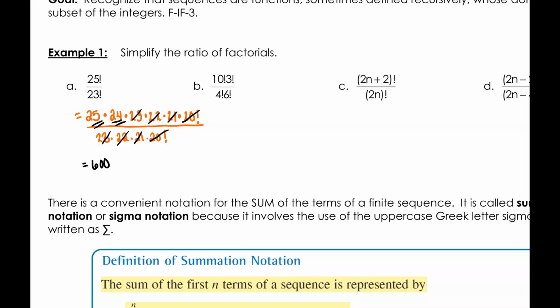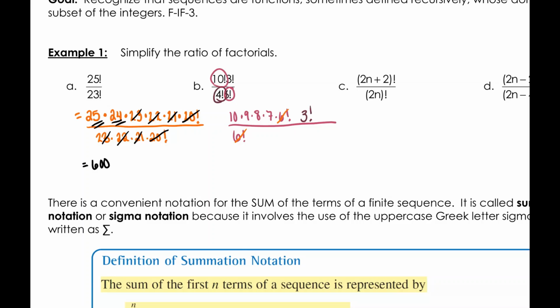So notice that I have 10 factorial. So I'm going to start with that one. I'm going to do 10 times 9 times 8 times 7 times 6 factorial because I can see that I have a 6 factorial in the denominator. And so the 6 factorials then divide out. Now notice in the numerator, I have the 3 factorial. Well, I'm going to leave that alone.